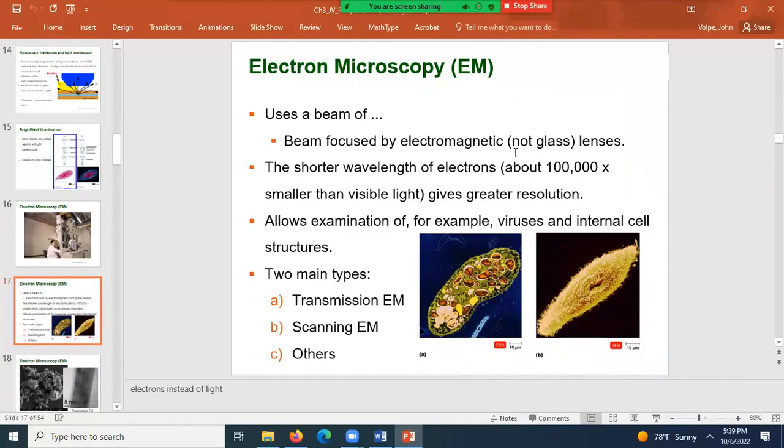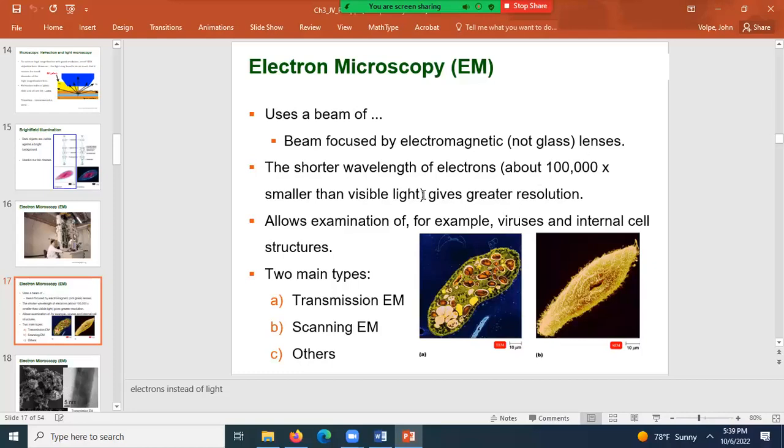The electrons have a charge to them, and so the electromagnetic lenses can adjust the beam of electrons, and then we can collect it and view the image.